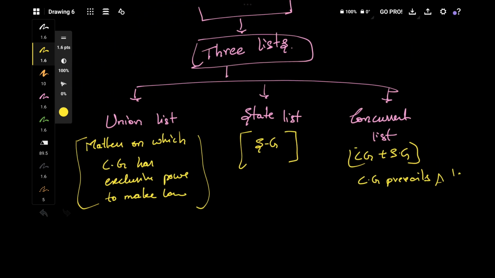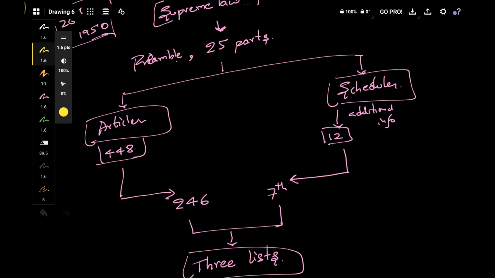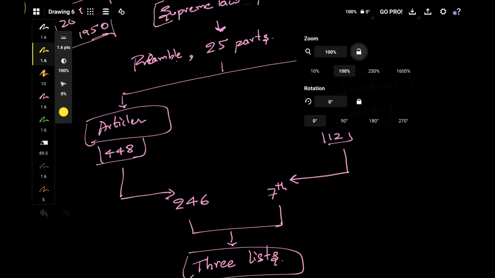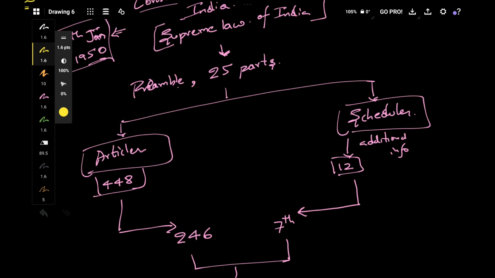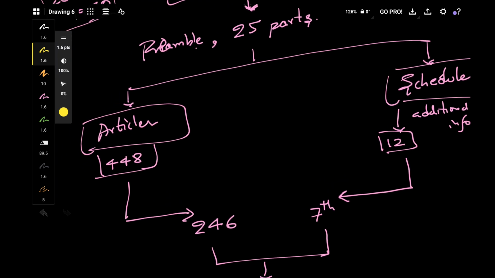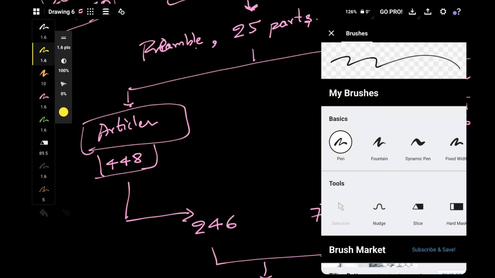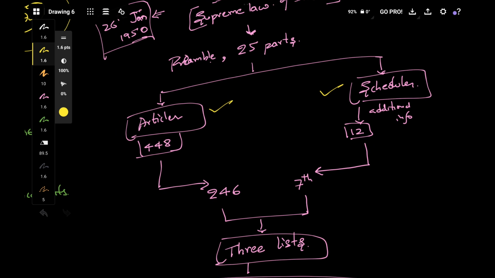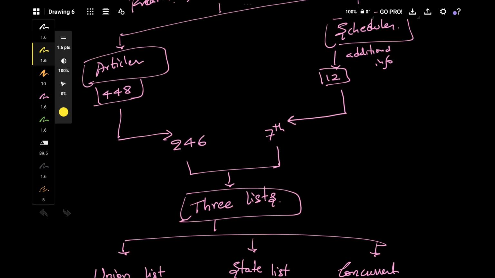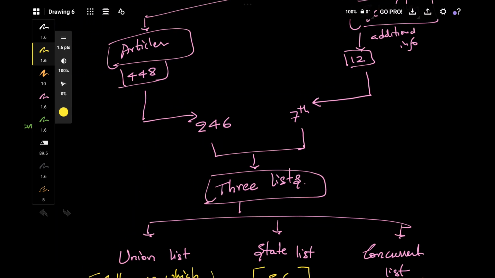So what are these lists? I just said that there will be a constitution. It is the supreme law of India, and in that constitution we'll have articles and schedules, and articles are subject matter and schedules are additional information. And after that I told you about article 246 and the seventh schedule.